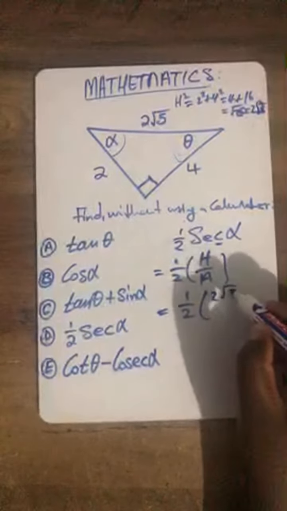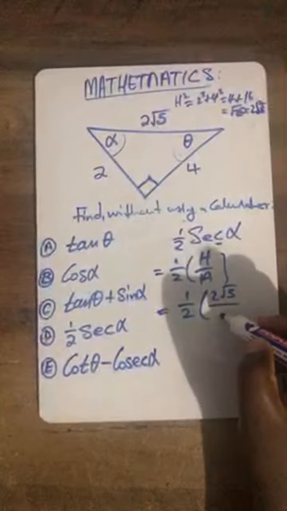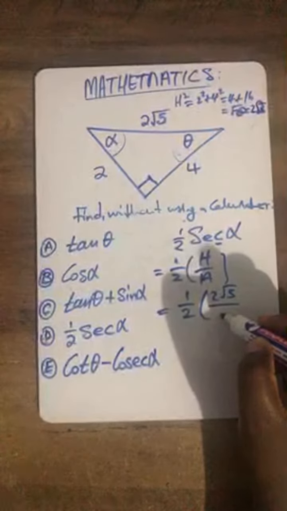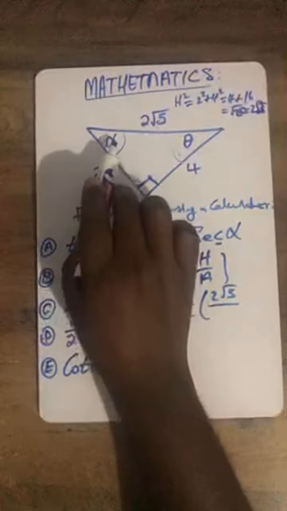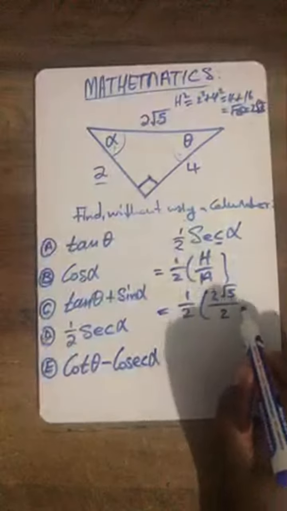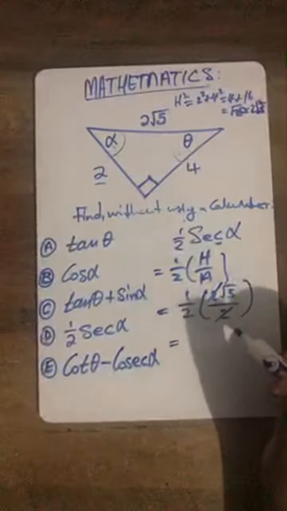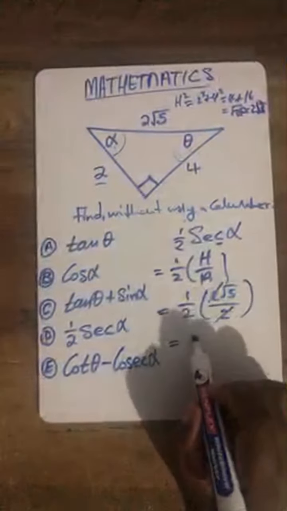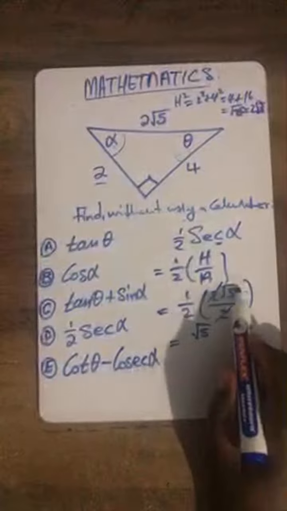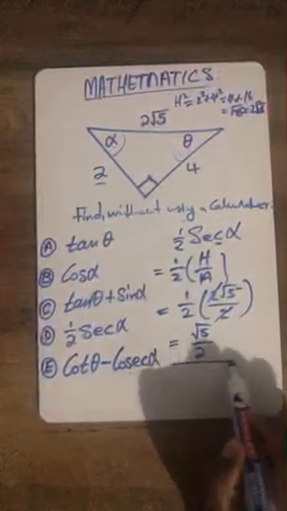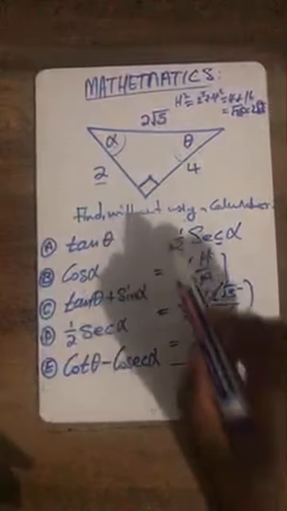It is 2 root 5 over adjacent of that, it is 2. Yes. So that means already that cancels with that. Then you have the root of 5 over 2.